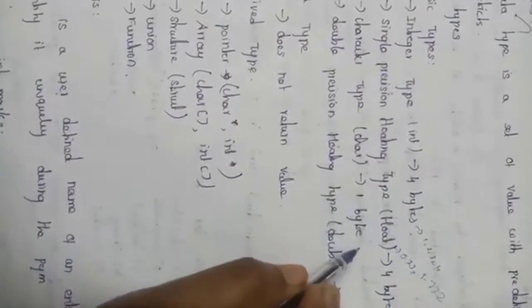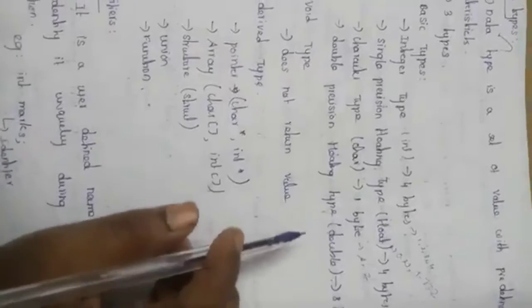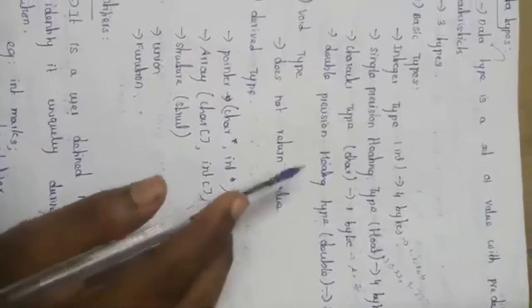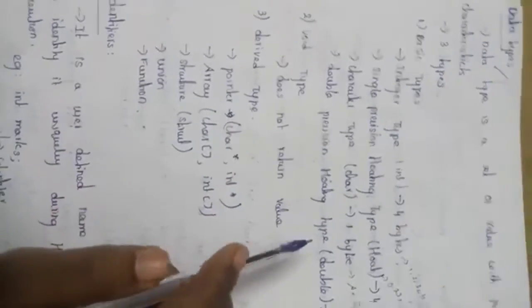Character type means alphabets A to Z. These are called character types. Double precision floating type means if you are taking more than 14 places after the point, then we need to mention double. So this is called double precision floating type.